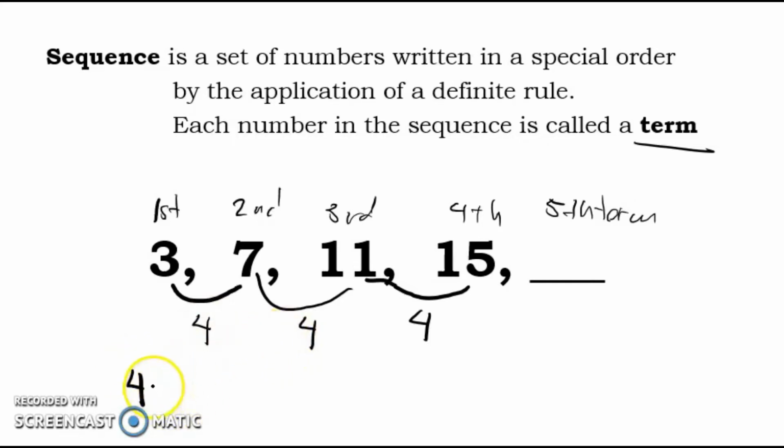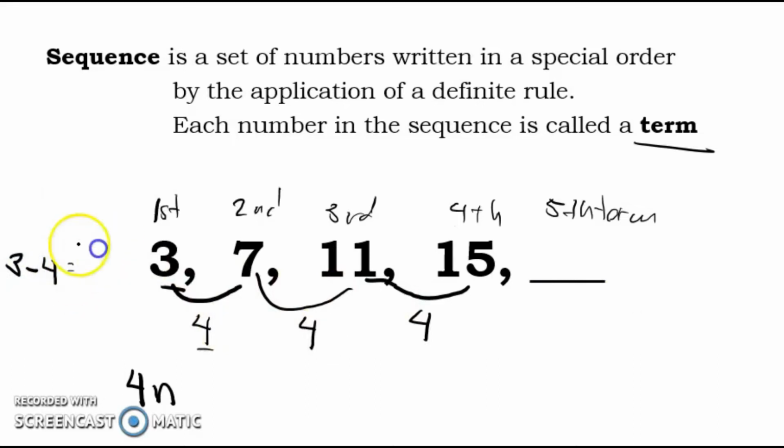N represents the term, whether that is the first term, second, third, or whatever term it is. Then next step is, sasubtract natin yung 3, yung first term, minus yung common difference, so that is 3 minus 4.